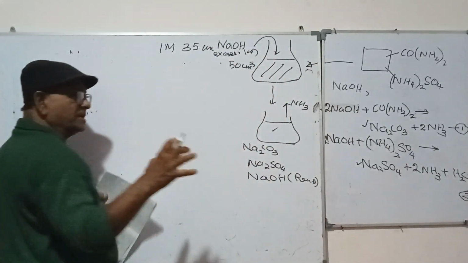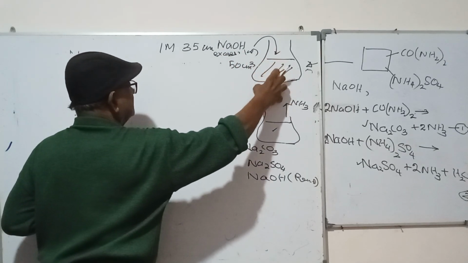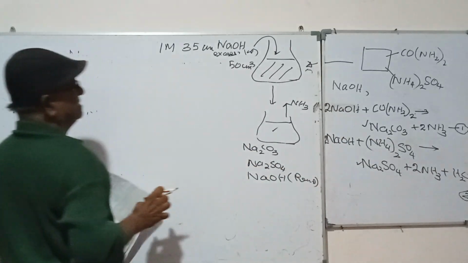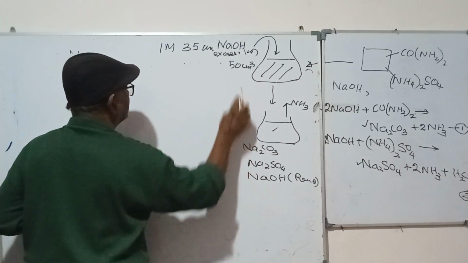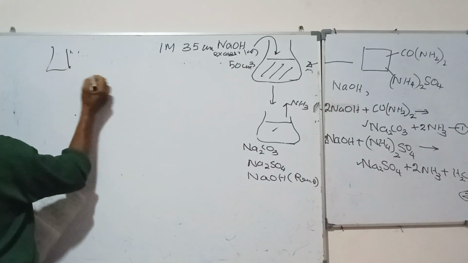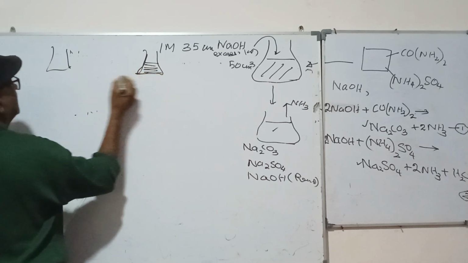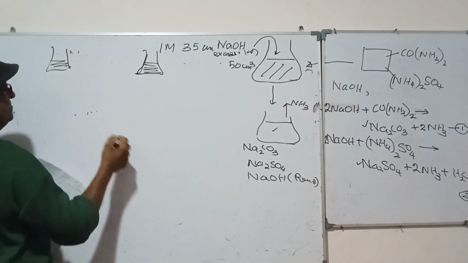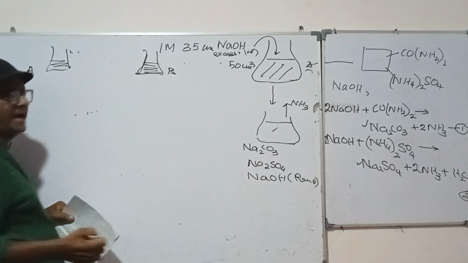According to the problem, two samples are taken, like this. Two samples of the same mixture, A and B. These two samples are identical.